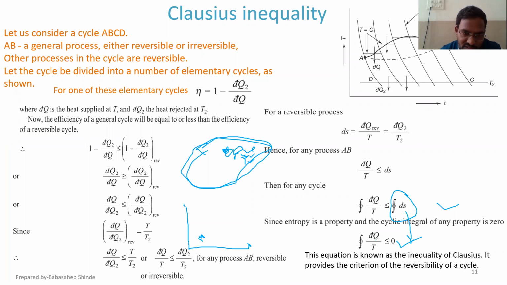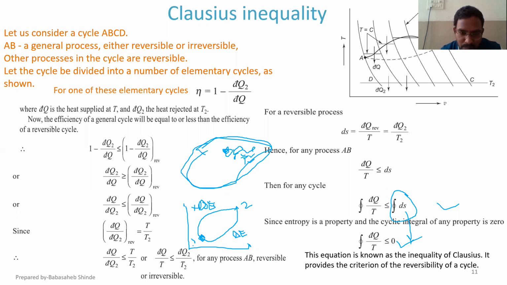Suppose the system changes its state from 1 to 2. This is 1, this is 2. During this state change, suppose its internal energy E increased by a certain amount, so that is plus delta E. After that, if the system returns to its original state, what should be the delta E for that returning path?